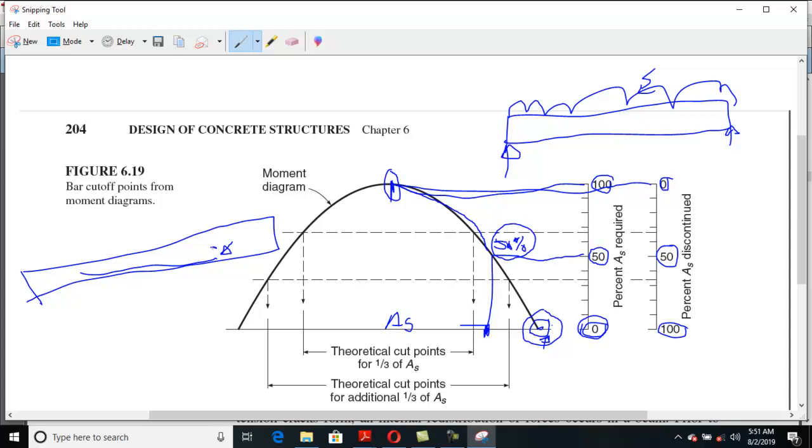Due to that shear concentration, diagonal cracks develop, and due to those cracks the whole tension is transferred to the steel and no tension is taken by the concrete.